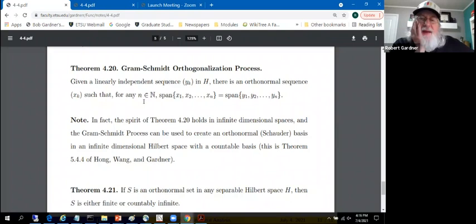So span, and they're only taking finite collections of vectors. So they're taking all linear combinations of these finite collections of vectors. I really want to do infinite sums, infinite linear combinations. But this is your pal, the Gram-Schmidt process from linear algebra.